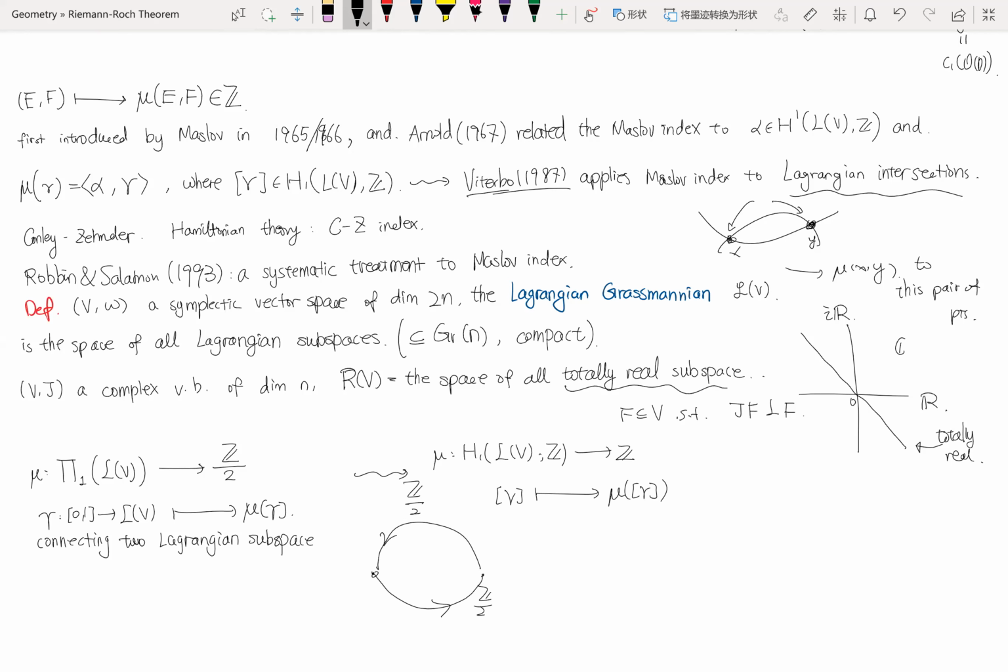We sum them together and get an integer. It is like a double of this one path.